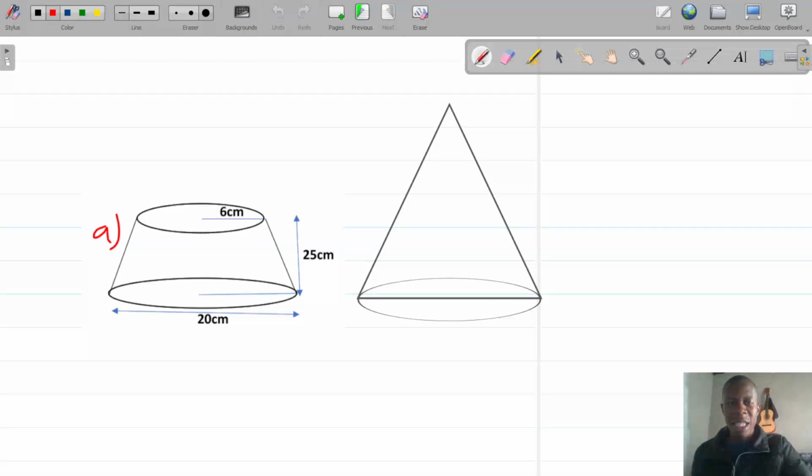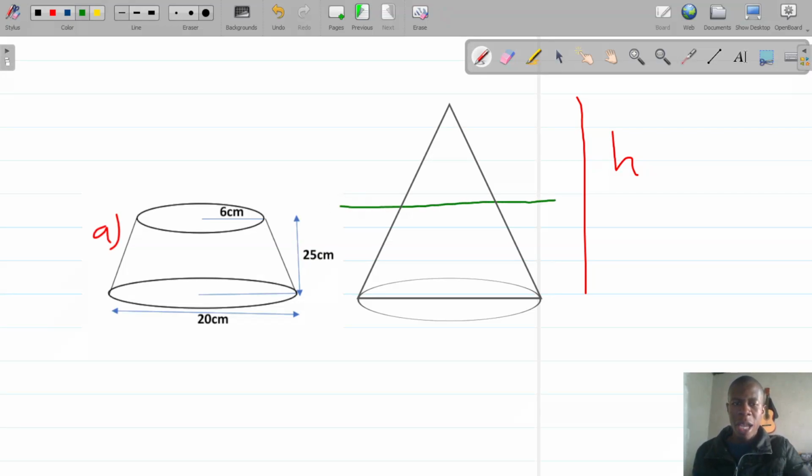What we should know is that this cone had some sort of height, which we're going to call h, and this cone was cut, and we had that length which was formed, which is 25. From this end to that end is 20 centimeters, but what we're interested in is the radius, not the diameter.